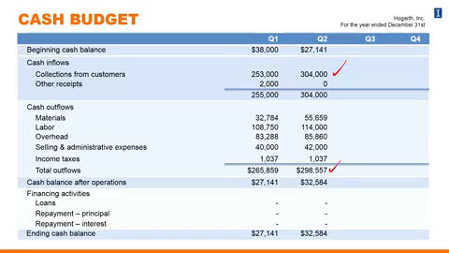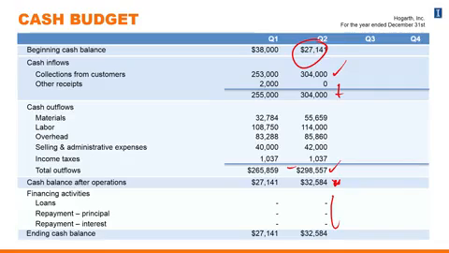So the beginning cash balance of $27,141 plus the inflows of $304,000 less the outflows of $298,557 leave us with a cash balance after operations of $32,584.